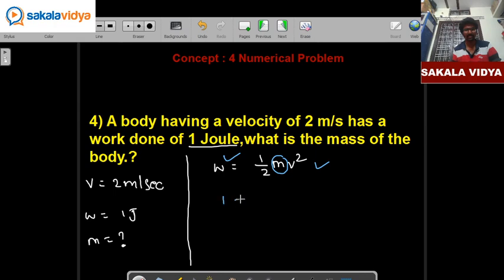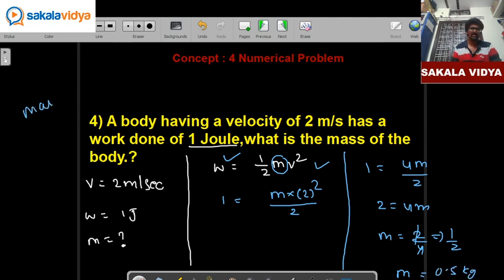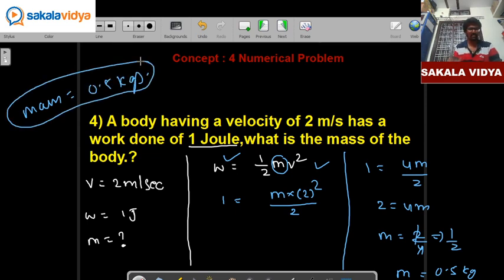Work done is equal to 1 joule is equal to m into v square, which is 2 square, by 2, which is nothing but 1 is equal to 4m by 2, 2 is equal to 4m, m is equal to 2 divided by 4, which is nothing but 1 by 2. So m is equal to 0.5 kgs. So what is the mass of the body? Mass is equal to 0.5 kgs. The formula for that is work done is equal to half m v square.